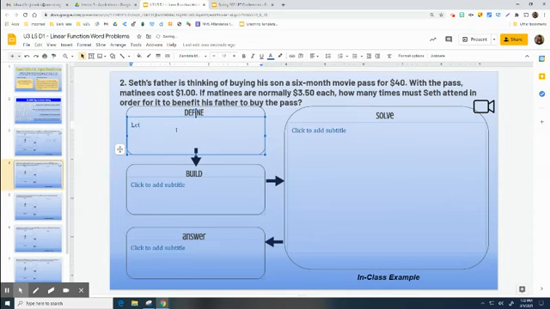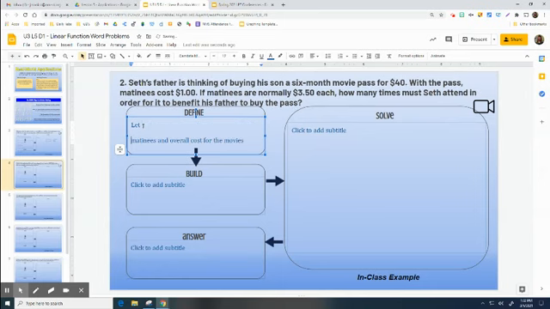I can see that we're talking about a movie pass, which is going to involve how many matinees, and the cost, or let's call it the overall cost for the movies. Okay, so I need to pick some letters.